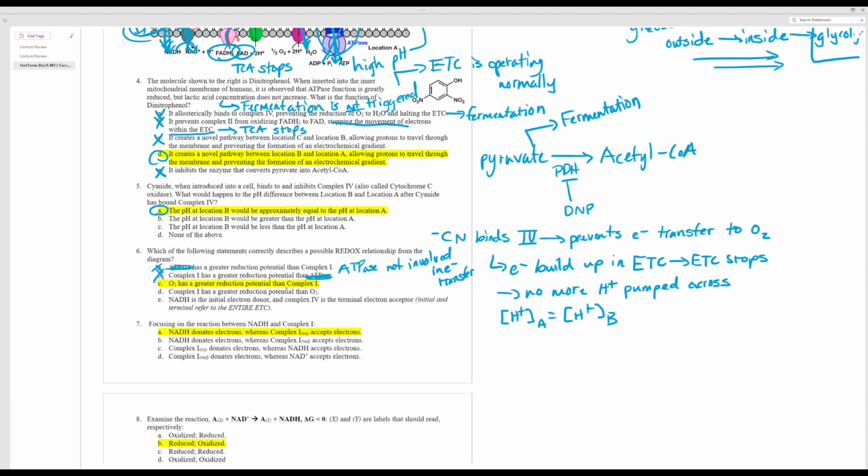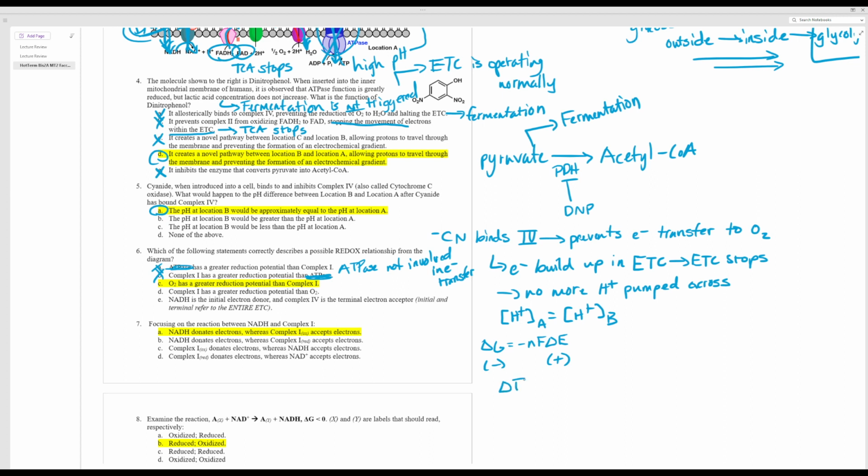C, O2 has a greater reduction potential than complex 1. Remember, we want our delta E to be positive. Actually, I should write this out. Our delta G is equal to negative nF delta E. For delta G to be negative, we need delta E to be positive.